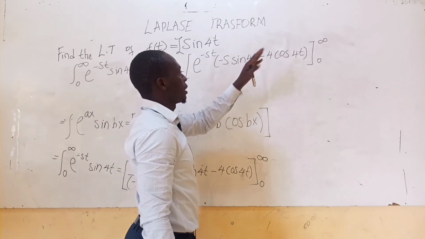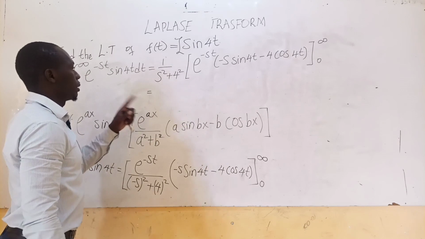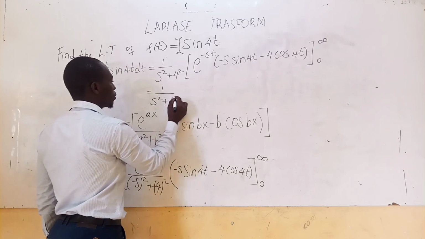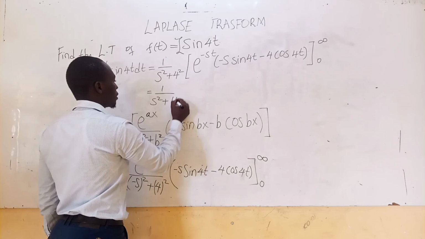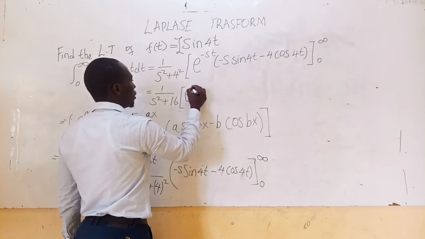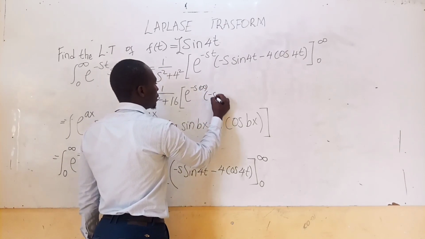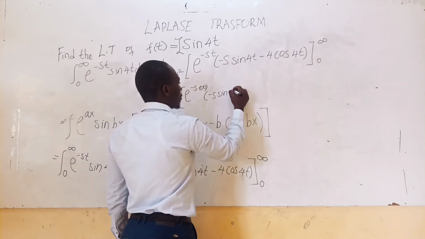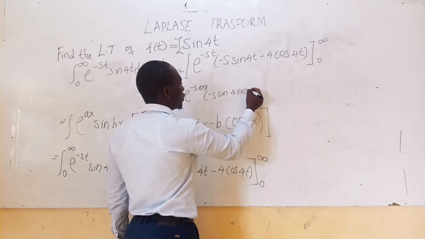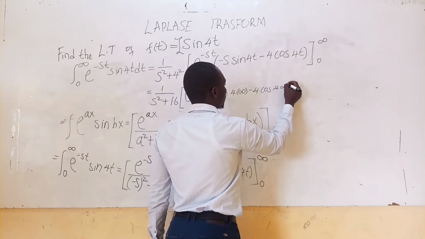We solve what we have here by inserting our upper limit and the lower limit. By inserting the upper and lower limits, we are going to have 1 over s squared plus 4 squared, which is 16, into exponential negative s with respect to the upper limit, into negative s sine 4 of infinity minus 4 cos 4 of infinity.